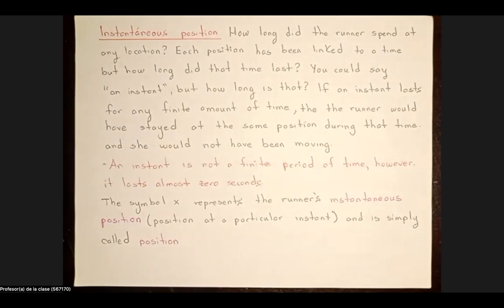How long did the runner spend at any location? Each position has been linked to a time, but now, how long did that time last? The image that is frozen, how long was that freezing, for example? You could say an instant, but how long is that?